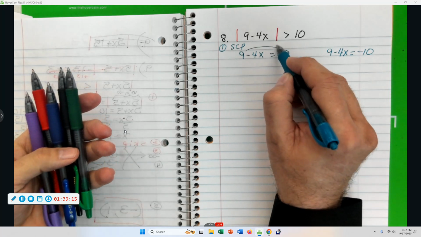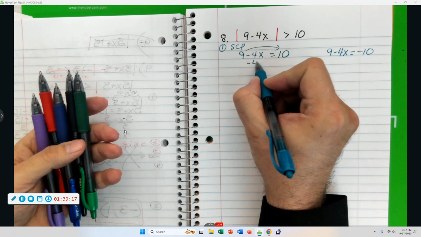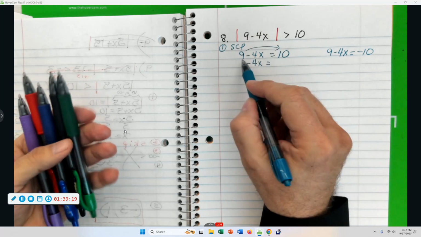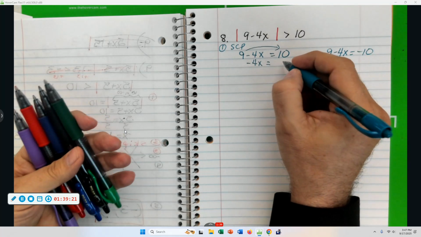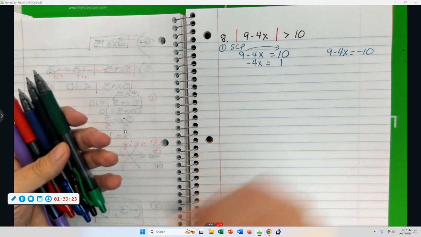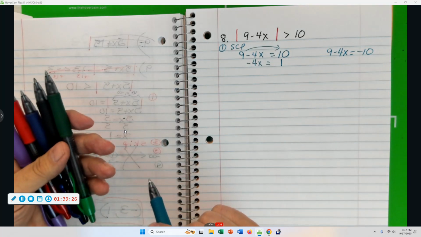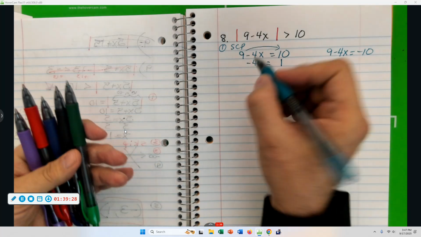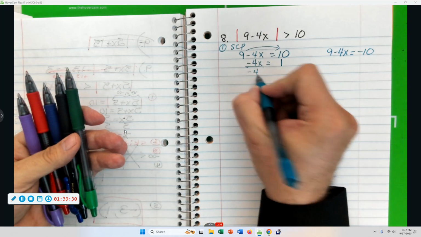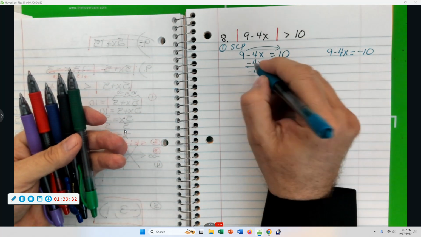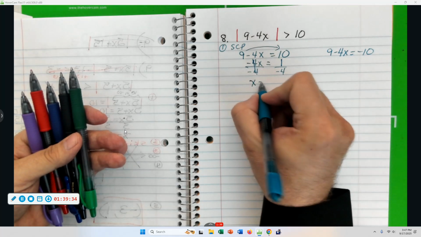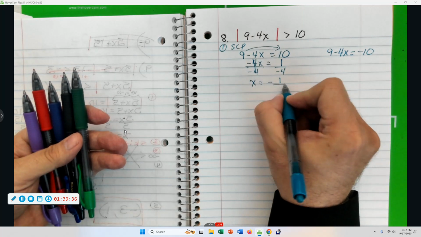I'll move the 9 over. So we have negative 4x equals 10 minus 9. Am I going to put a 1 right there? And then what? Divide both sides by negative 4. So we have x equals negative 1 over 4.